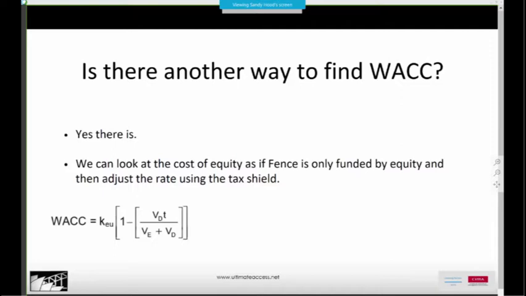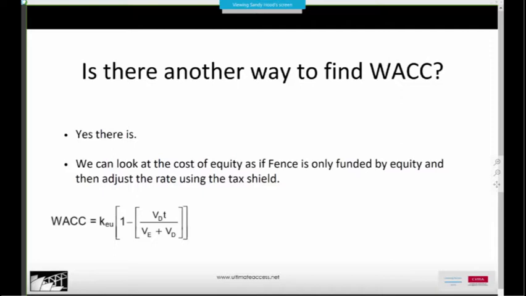Okay. Now I know that in the previous class there was one gentleman who had asked about other things, and there were a couple of academics in the early 1960s who found that there was another way of working out the WACC. What we can do is separate out the cost of equity of a business that doesn't have any debt, what we call the ungeared cost of equity.